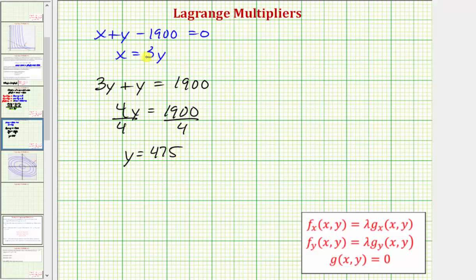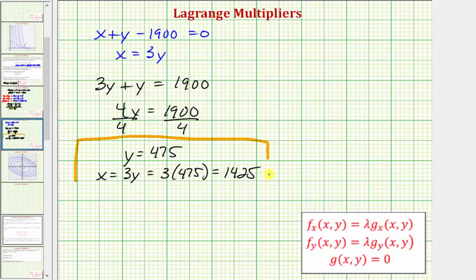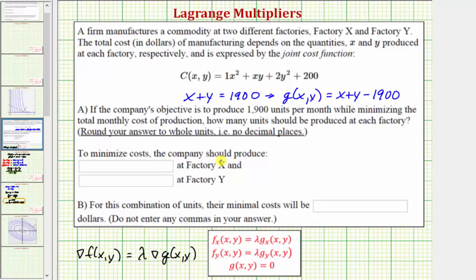Well, now that we know y equals 475, we also know x equals 3y. X must equal 3 times 475, which is equal to 1,425. So this is the x and y value that minimizes the cost function. So going back to our question, factory X should produce 1,425 units, and factory Y should produce 475 units.